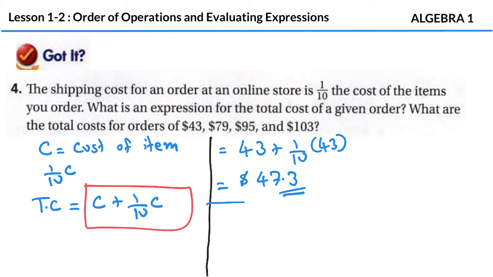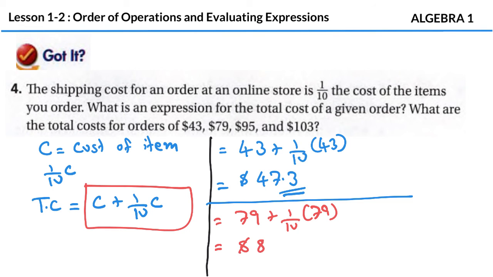So then it's going to be 79 plus 1/10 of 79. Can you try that out now? That will be $86.9 and so on. So this is how you evaluate an expression, and this is how you apply it in your real world problems. Great going.